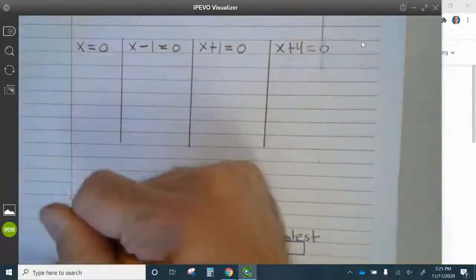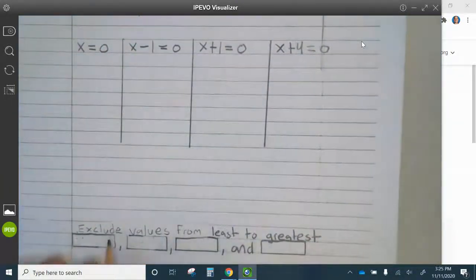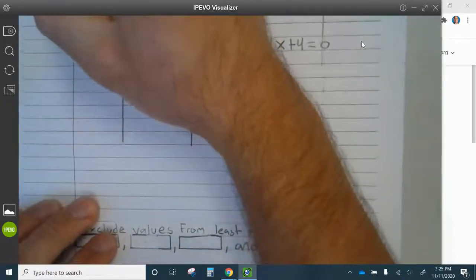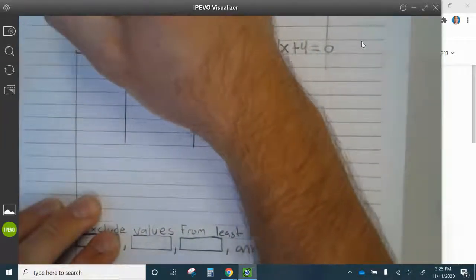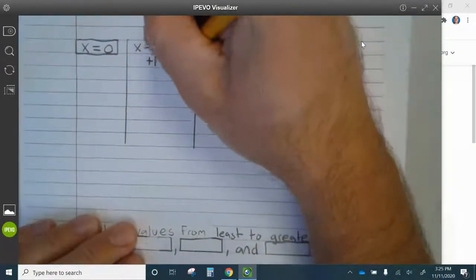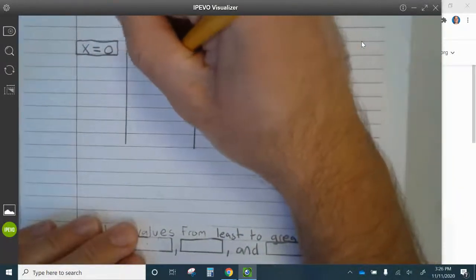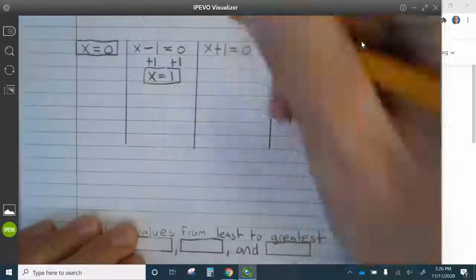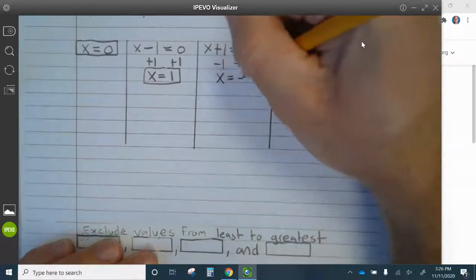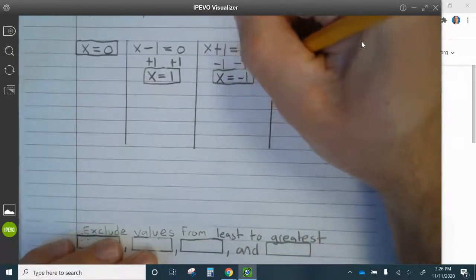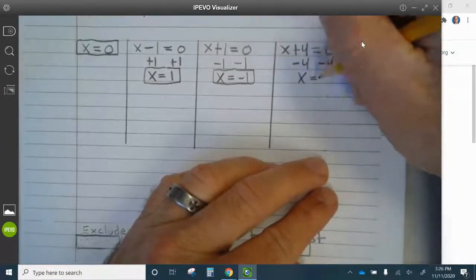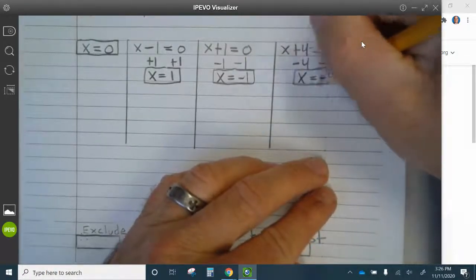All right, well, x equals 0. Now, it says excluded values from least to greatest. So we know that this is one of them, but we need to know all of them to write them from least to greatest. So add 1 to both sides, x equals 1. Okay, subtract 1 from both sides, x equals -1. And then subtract 4 from both sides, x equals -4.